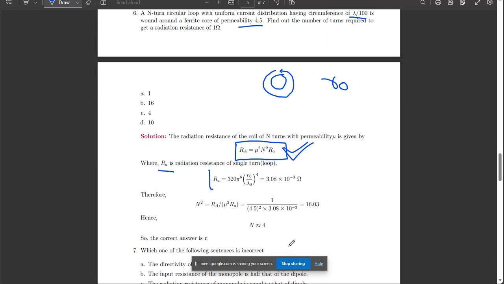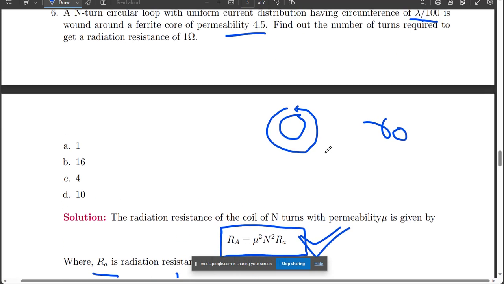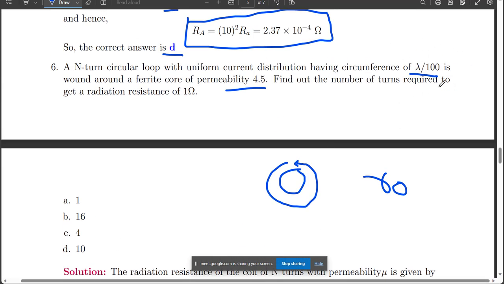Okay, if you are not able to solve, as I already told you, what you need to do is convert the circumference into r.